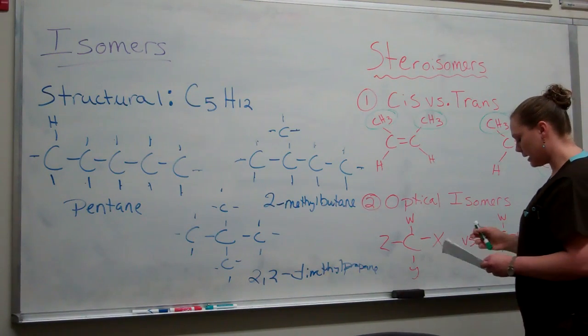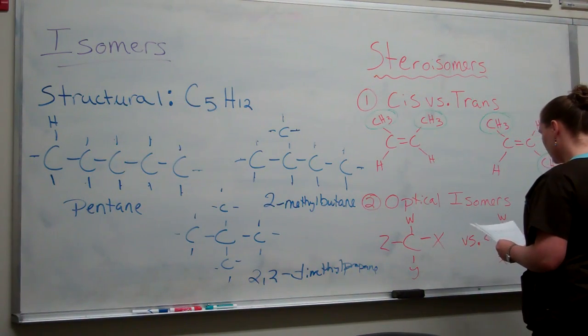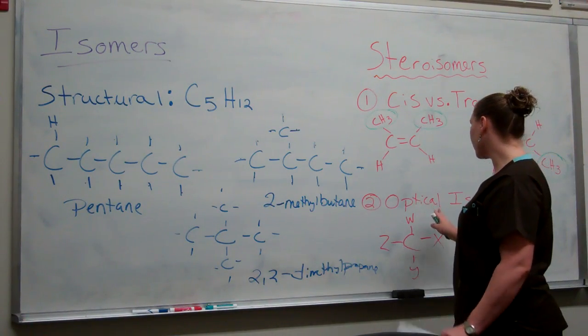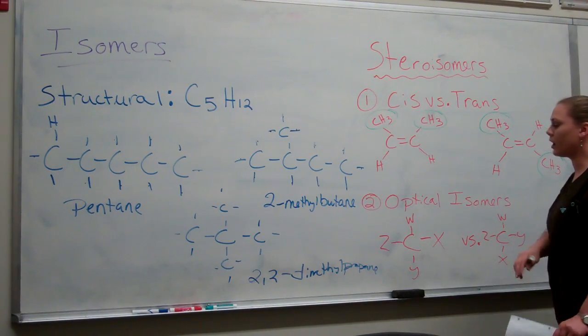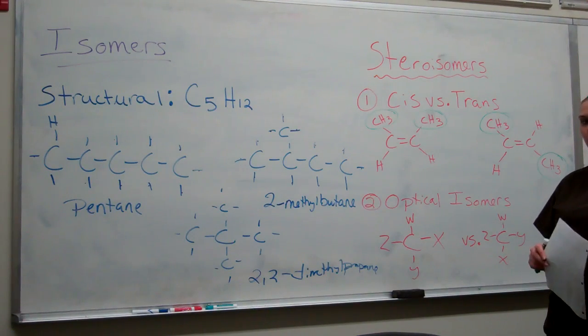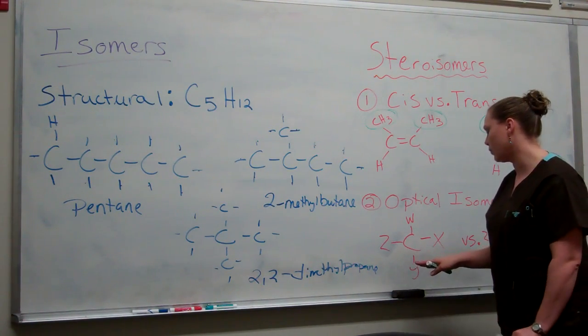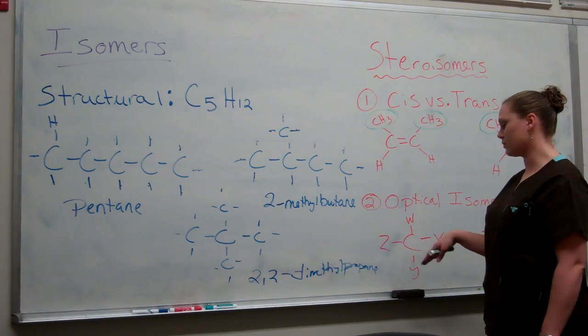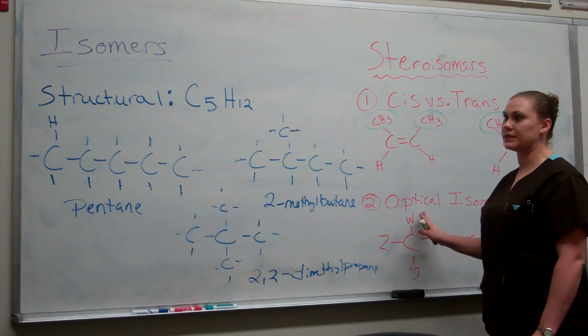Now, the second type of stereoisomer is going to be an optical isomer. Now, optical, this should be pretty easy to remember. I gave you this example with carbon in the middle and W, X, Y, Z around it.